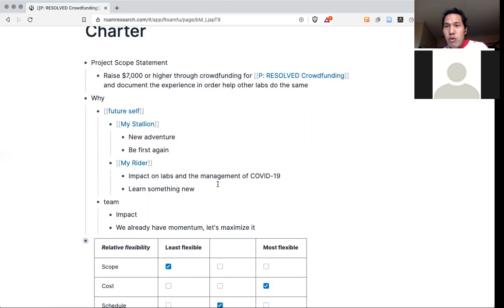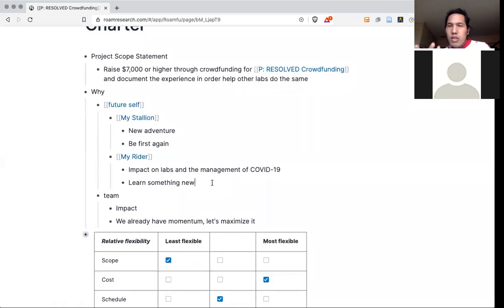But we've shown it's possible at a low cost. Now it's about how to fund this, so maybe crowdfunding could be a source. It's also learning a new skill. I list these things to ensure that I'm motivated across the entirety of the project.